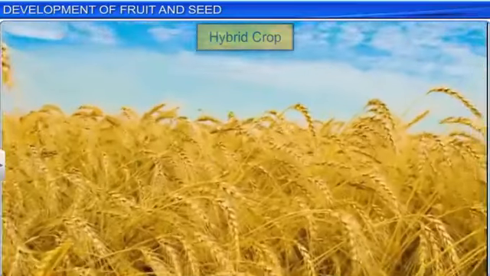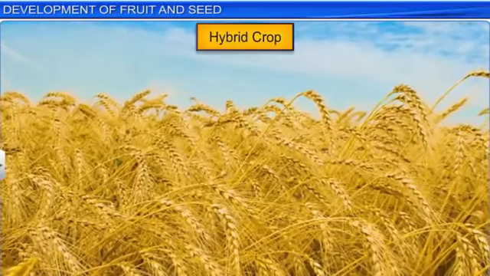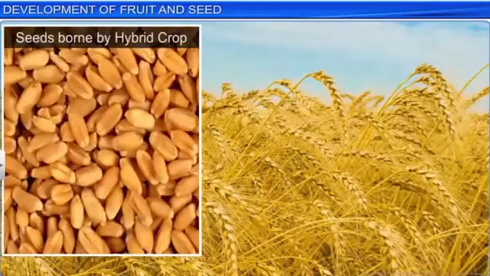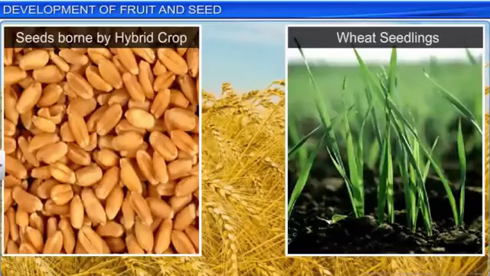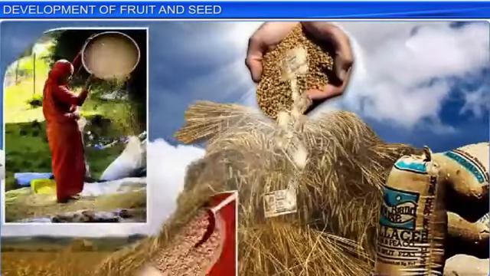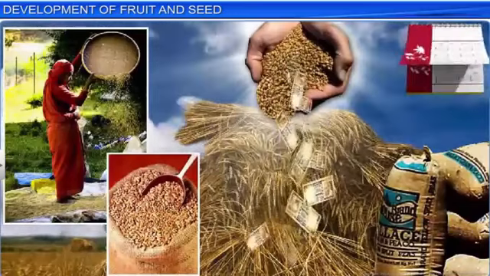These seeds guarantee increased productivity and superior crop quality. However, when seeds borne by hybrid crops are sown, the seedlings do not exhibit the hybrid characters due to the segregation of characters. This forces farmers to purchase new hybrid seeds year after year, which is an expensive affair.